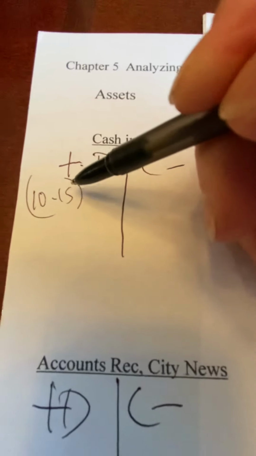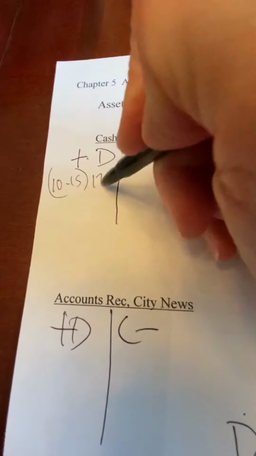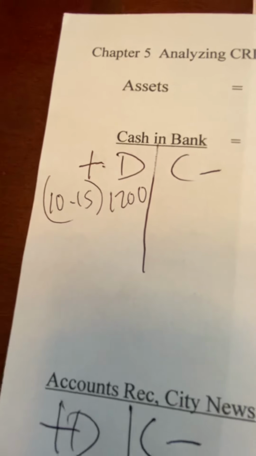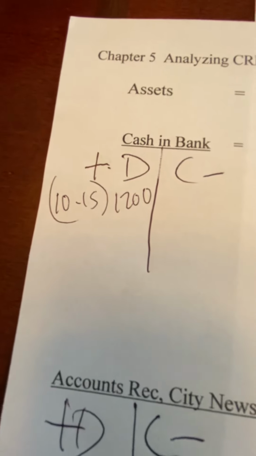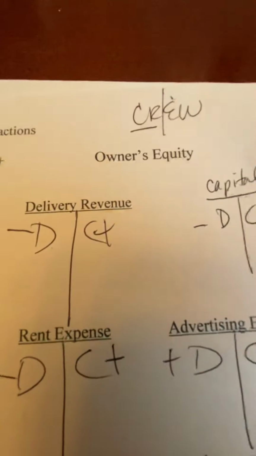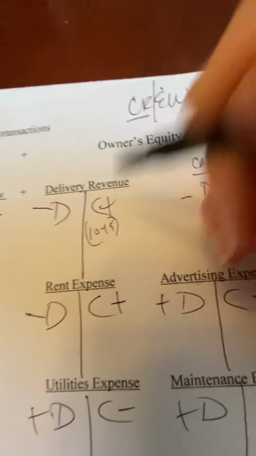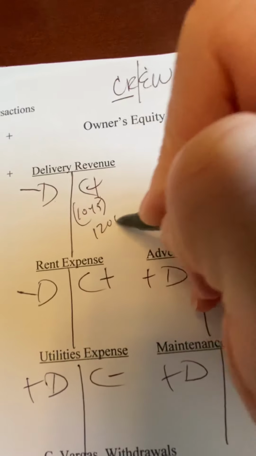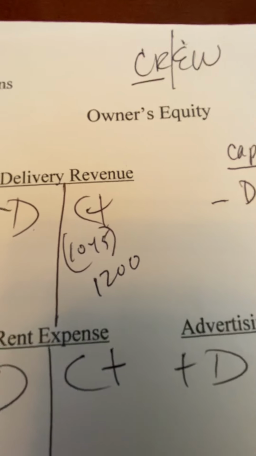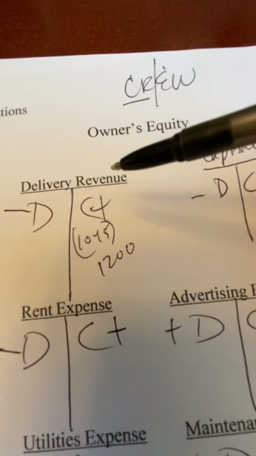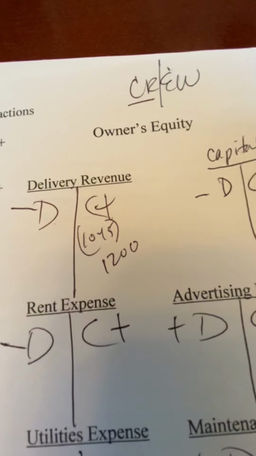So on October 15th, I received $1,200. Why did I receive it? Because we provided delivery service, so go to delivery revenue. On the 15th, we received $1,200. In words, cash in bank is debited $1,200 and delivery revenue is credited $1,200.